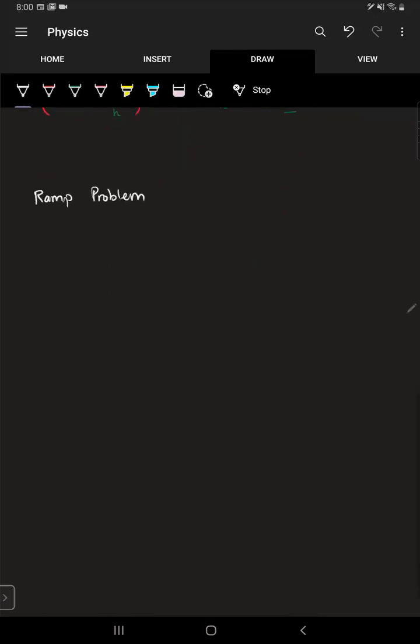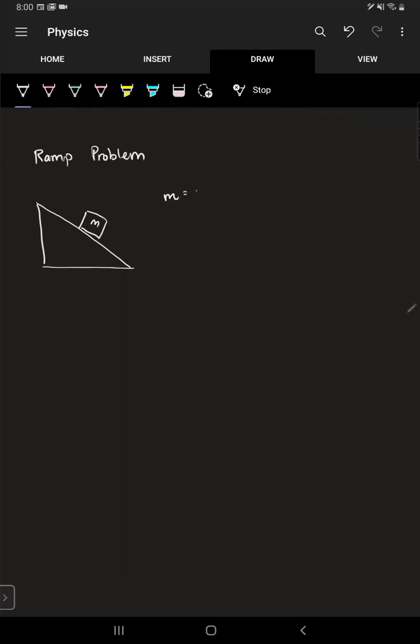Okay. Let's say we have a box on a ramp, and this box has mass m. M equals 24 kilograms. Now, let's say that this box is on a ramp of angle theta, and let's say theta is equal to 53 degrees.